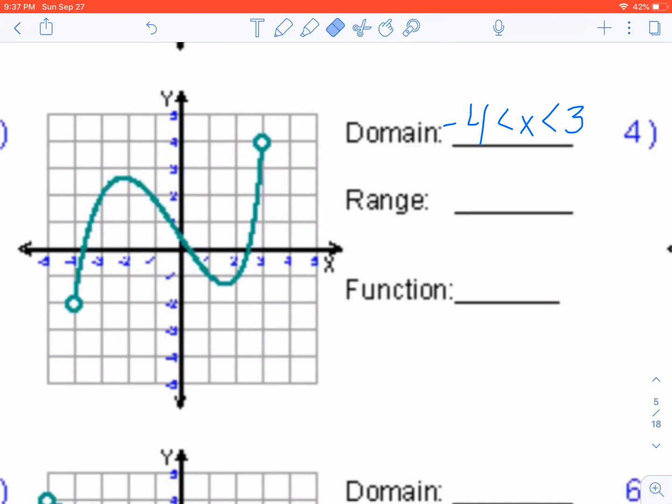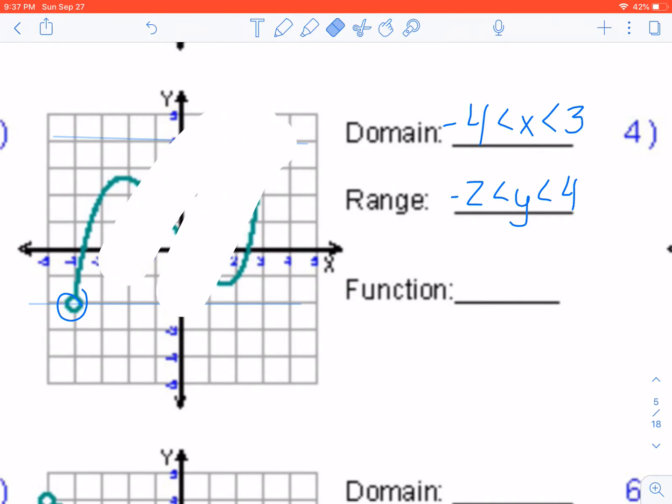Now for range, the lowest it goes is -2. Highest it goes is 4. Doesn't touch, so we leave it as less thans.